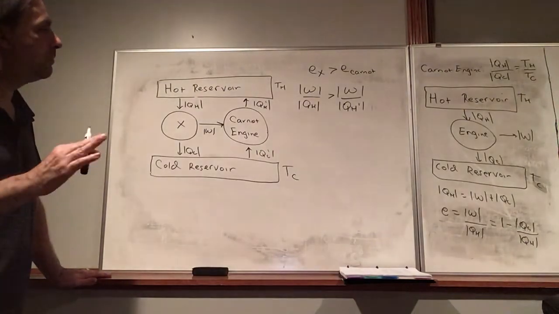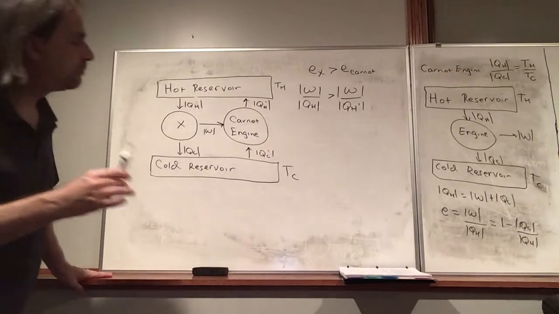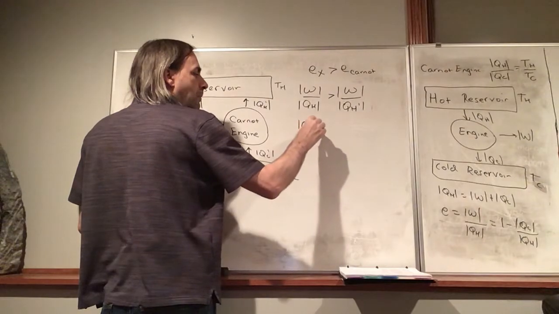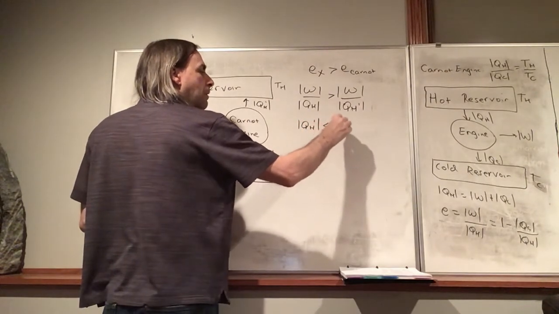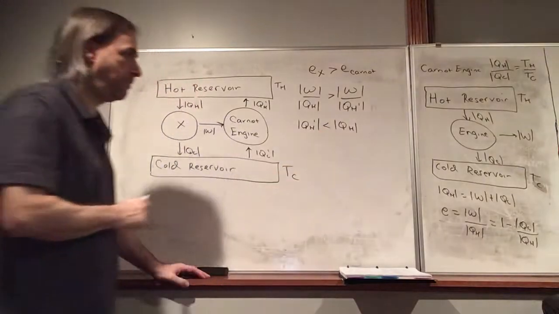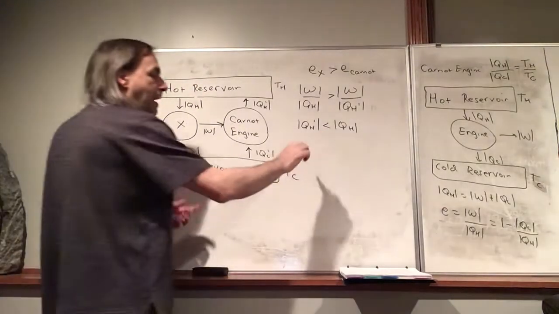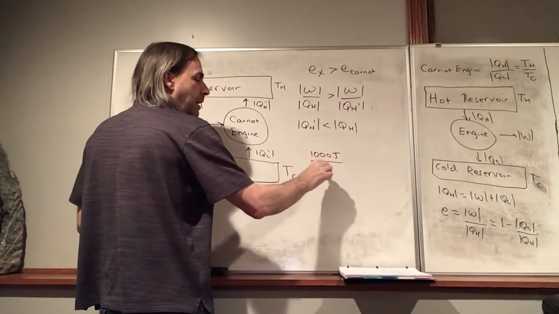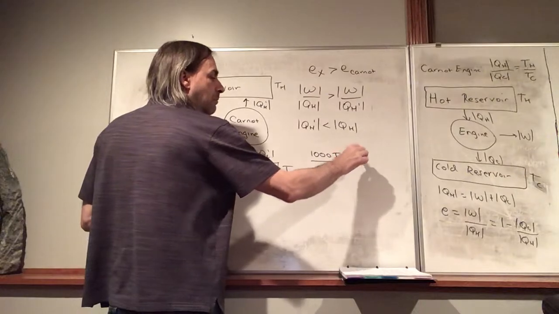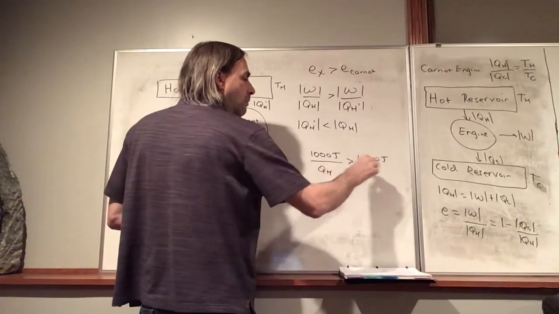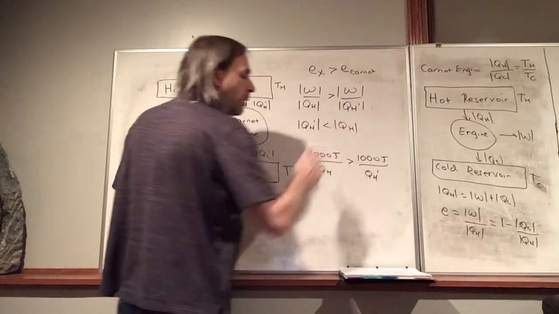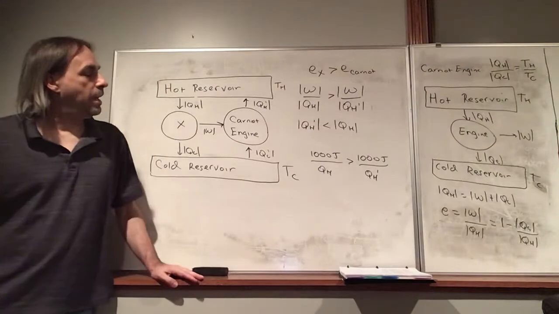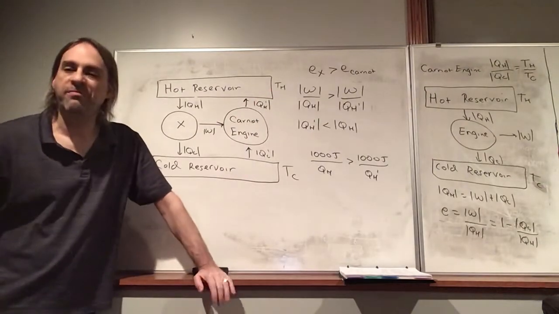And so basically what that means is QH prime is less than QH. So, say W is 1,000 joules. Since W is going to be the same on both sides, let's just pick a number.